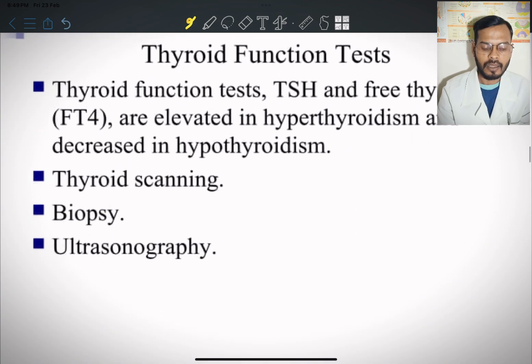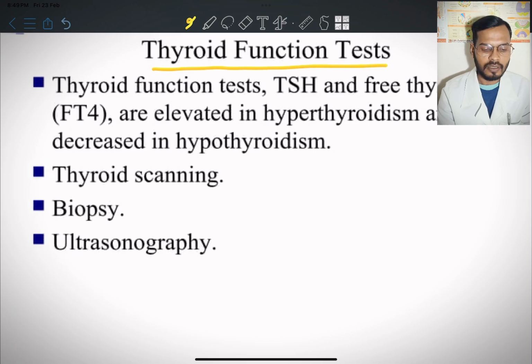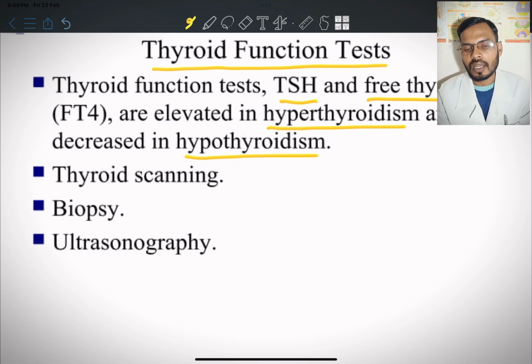Thyroid function tests measure thyroid stimulating hormone and free thyroxine, FT4. These are elevated in hyperthyroidism and decreased in hypothyroidism. When we do a thyroid function test in case of hypothyroidism, we see that TSH and FT4 decrease.